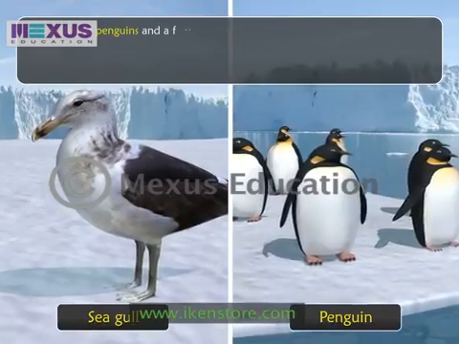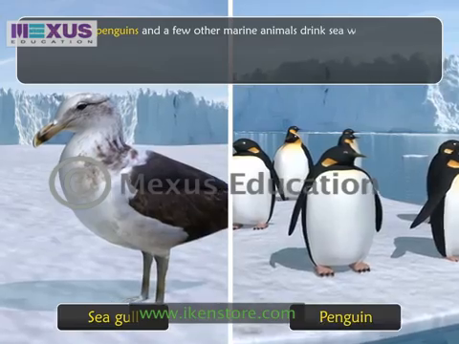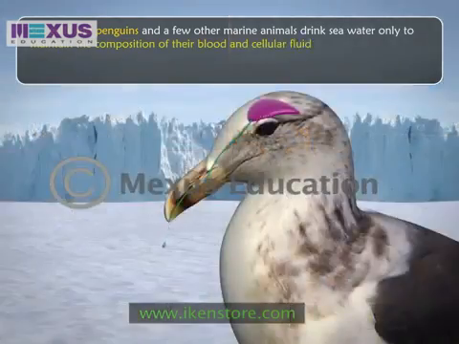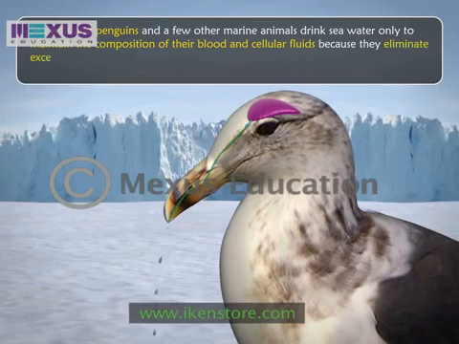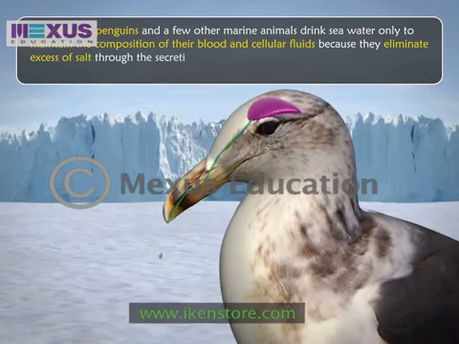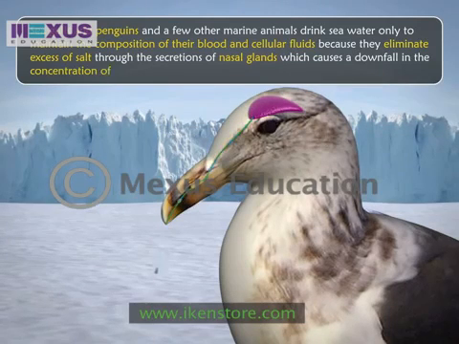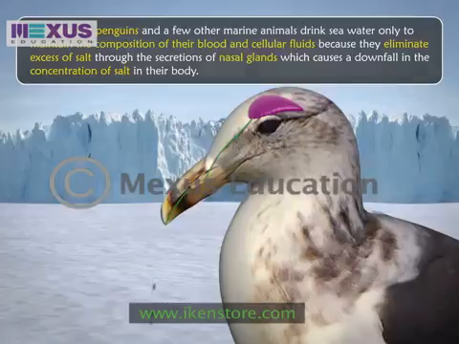Seagulls, penguins, and a few other marine animals drink sea water only to maintain the composition of their blood and cellular fluids, because they eliminate excess salt through the secretions of nasal glands, which causes a fall in the concentration of salt in their body.